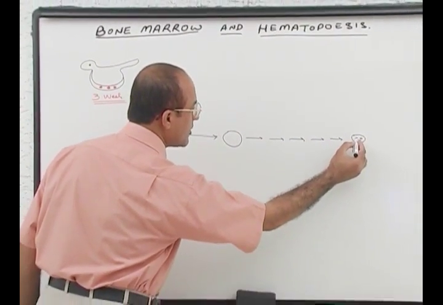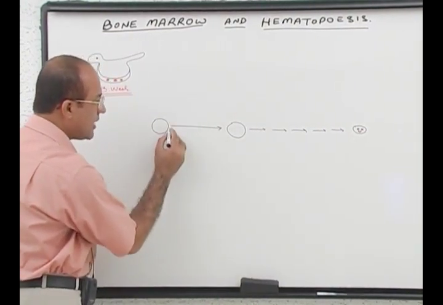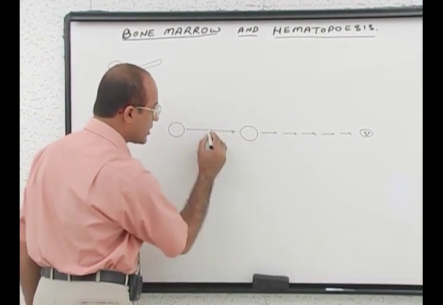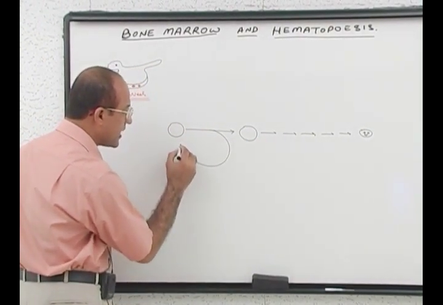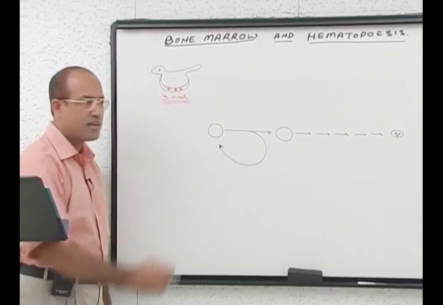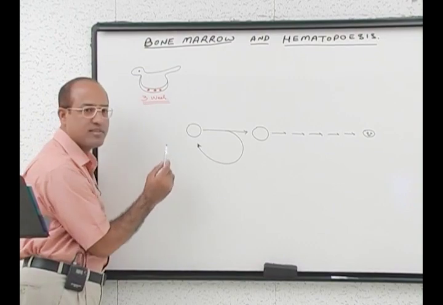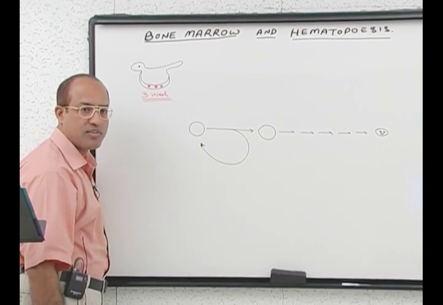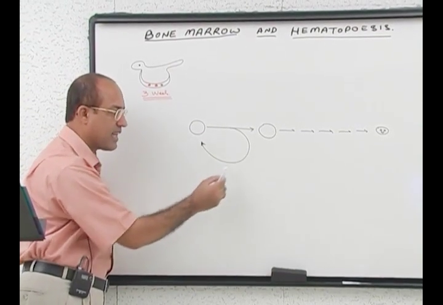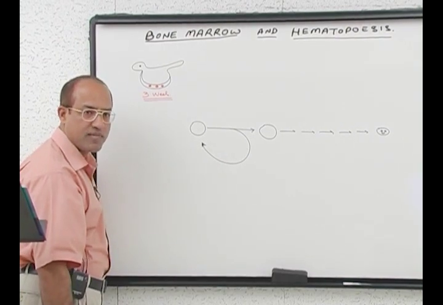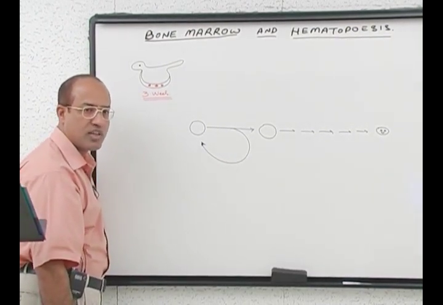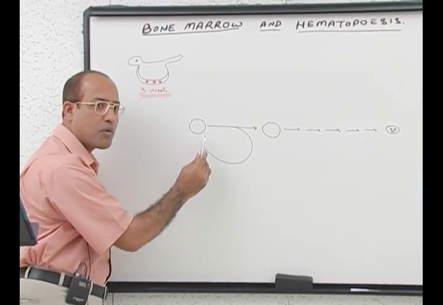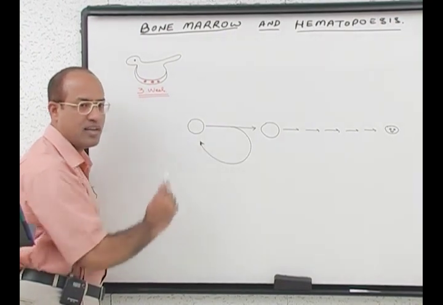When it multiplies, one group will go towards differentiation, and the other group will be responsible for maintaining its own population. That is why we say stem cells are those cells which maintain their own population, or which have the property of self-renewal.